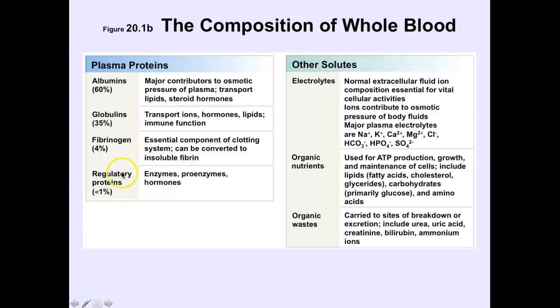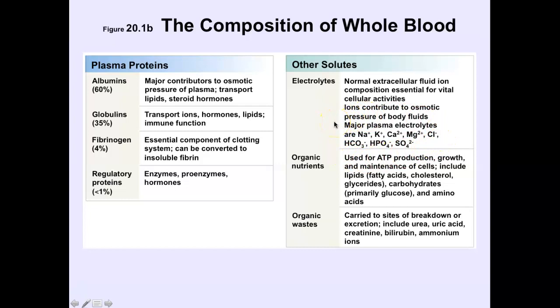All right, there are other regulatory proteins there, enzymes, some proenzymes, which are inactive enzymes, and some hormones, right? But we covered the big three. And then we look at the other things. You can peruse through and read these, but the big categories are electrolytes, which are basically charged particles, charged ions.